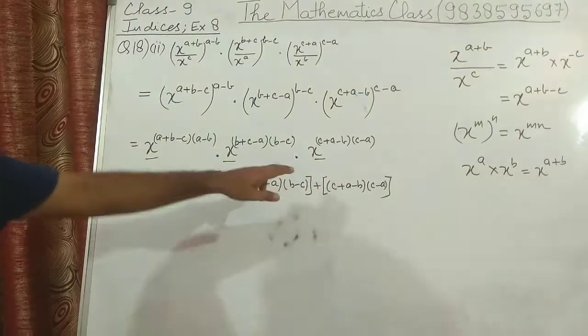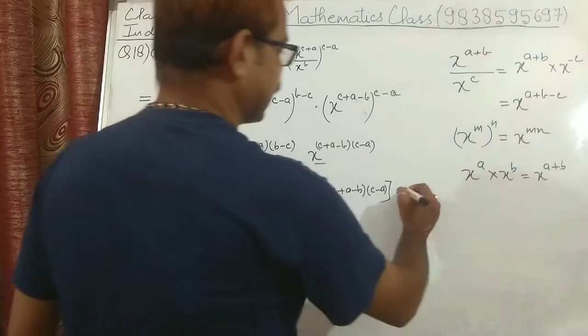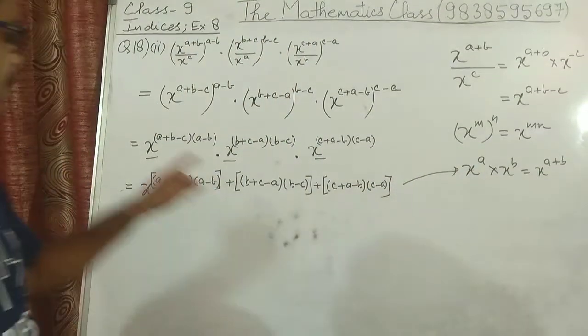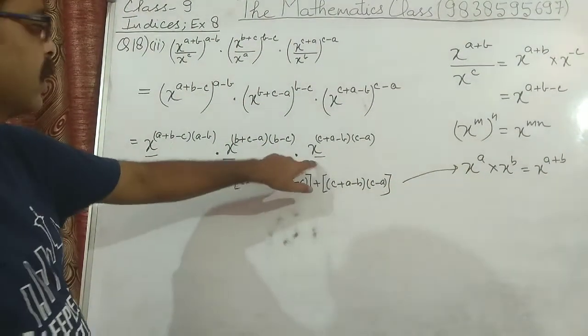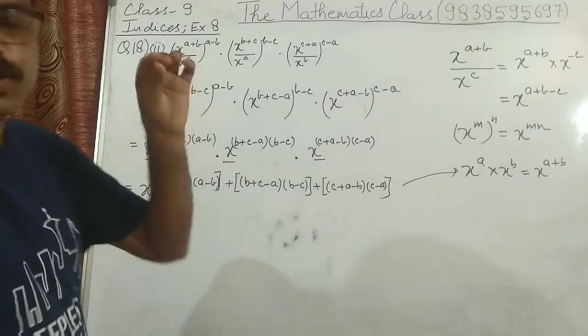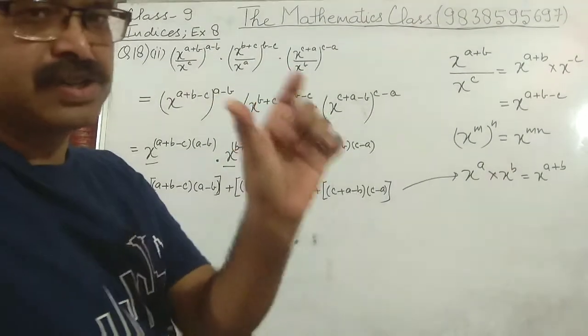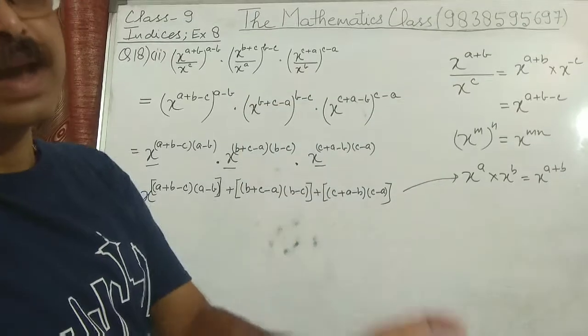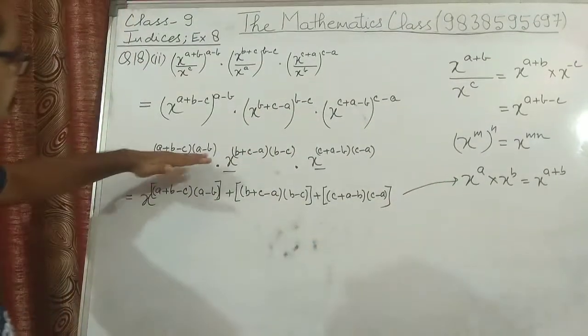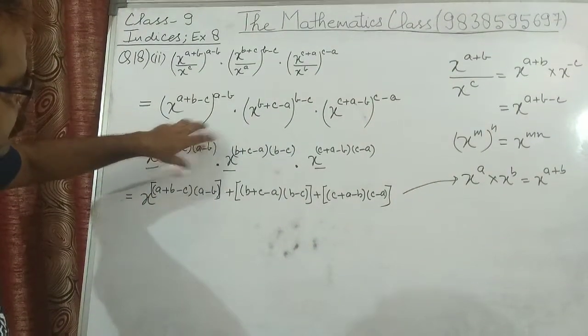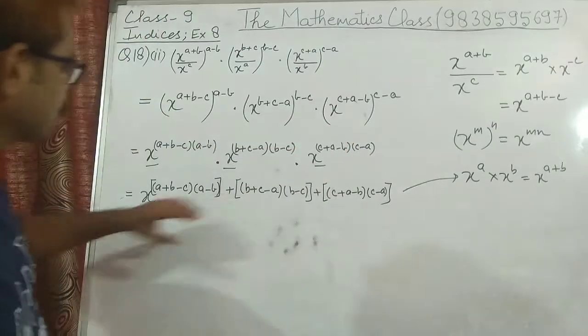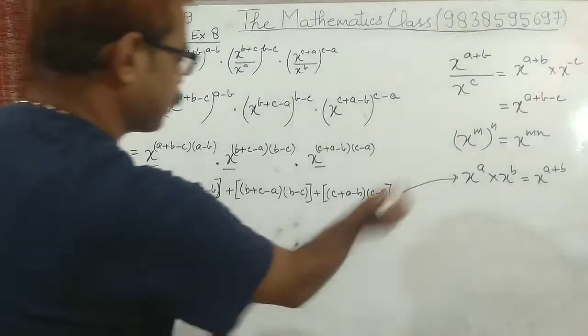What we have done? We have used this identity. You can see that the bases are equal and the powers are different. So whenever bases are equal and with different powers, the base remains same and all the powers are added. So we just multiplied, let us say m, n, o. So this is m, n and o.